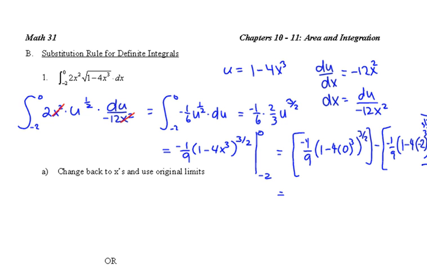Okay, so 0 cubed is 0, 4 times 0 is 0, so we just have 1, so negative 1 ninth times 1 is negative 1 ninth, minus negative 2 cubed is negative 8. 1 minus negative 8.